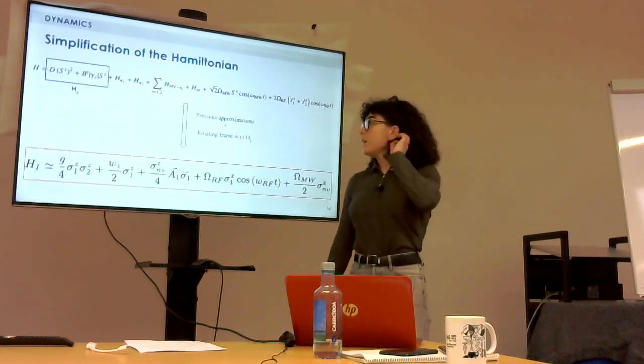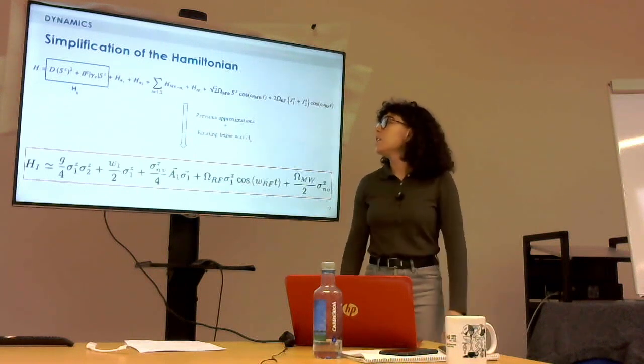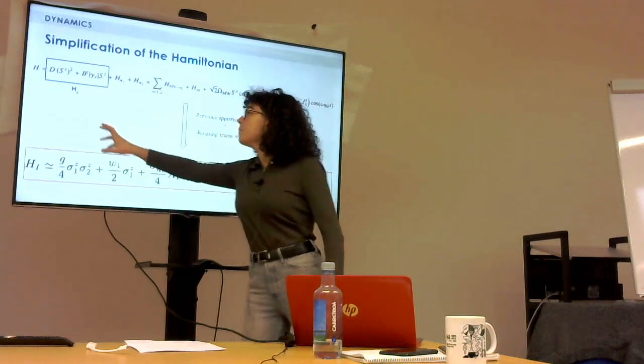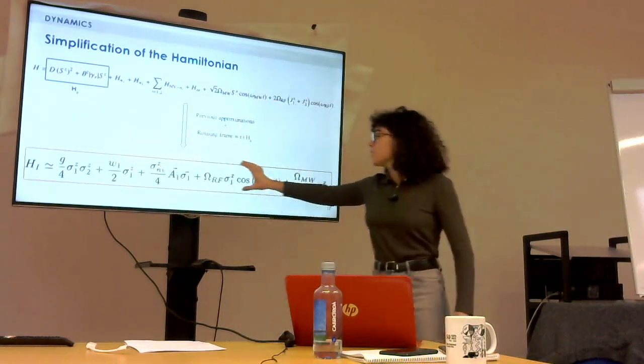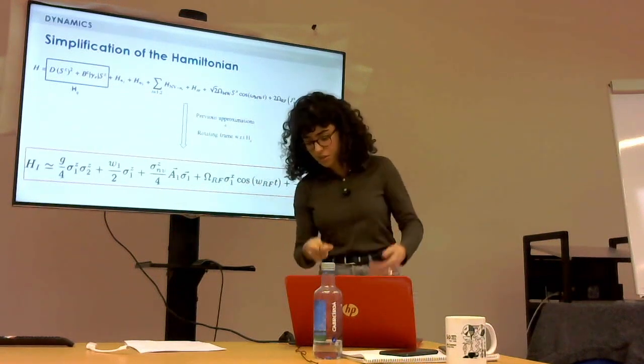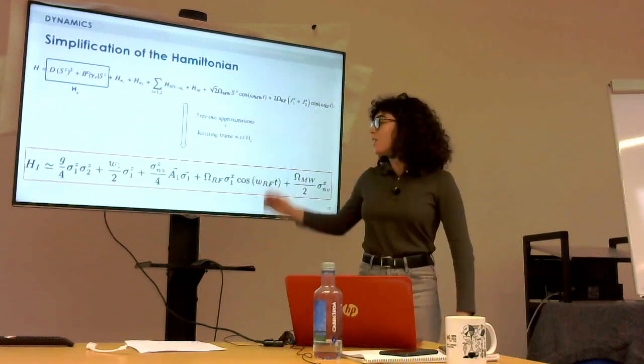Making all the approximations that I have been talking about, and moving to a rotating frame with respect to the Hamiltonian of the NV, we achieve this interaction Hamiltonian, which is the one that we are going to be using during the whole presentation.